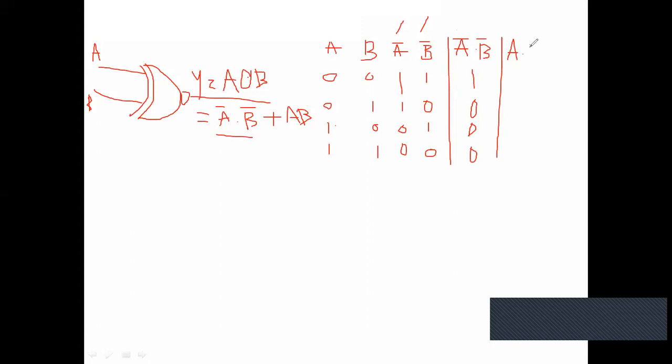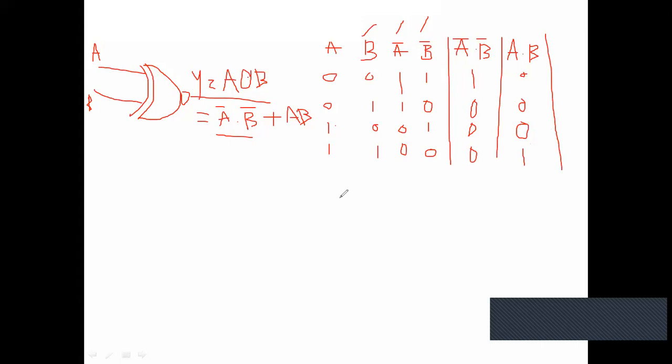We know the A value and the B value. Now do the multiplication: 0 0 0, 0 1 0, 1 0 0, 1 1 1.